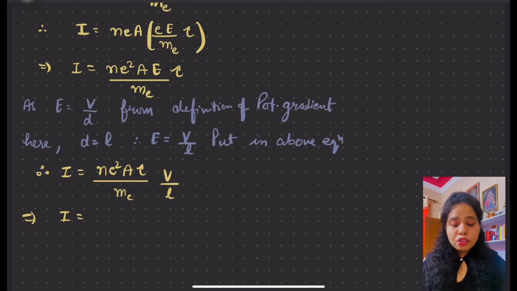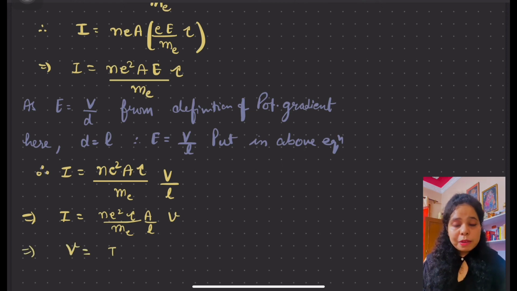We will rearrange everything at certain points. So we have I = ne squared, and instead of A I will write relaxation time divided by me, and I will separate out A upon L, and the whole thing is multiplied by potential difference V.